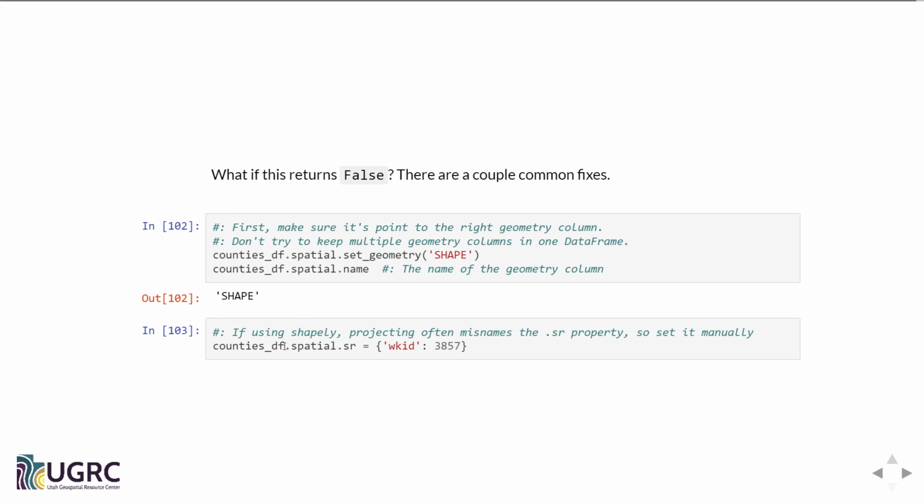So normally the projection looks like this, a name and a projection number. With Shapely, that just becomes 0:3857. So, oh, it didn't show up. So instead, we can set .sr equals, we've already projected it, so it's already in this. We're just setting this property so it knows what projection it's in.